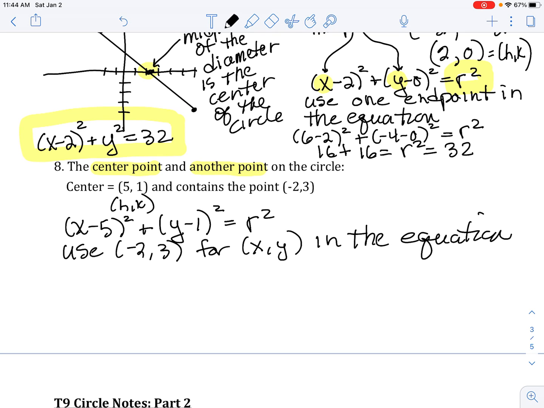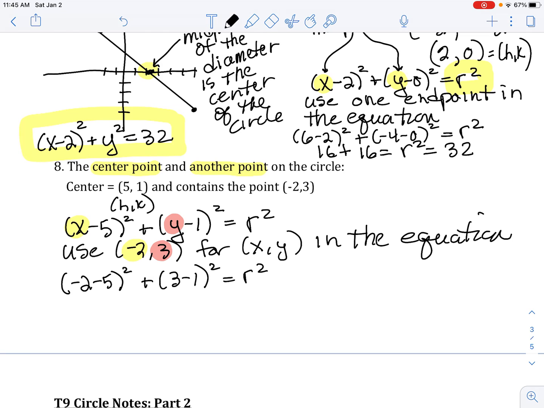So I'm going to substitute in negative 2 for x. So negative 2 is going to go there, and 3 is going to go there. So you can see by my color coding where they're going to go. So negative 2 minus 5 squared plus 3 minus 1 squared equals r squared.